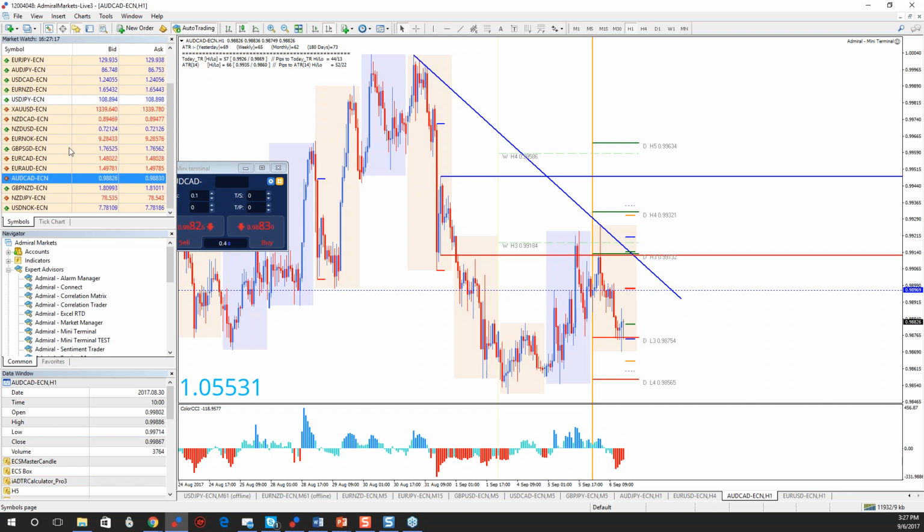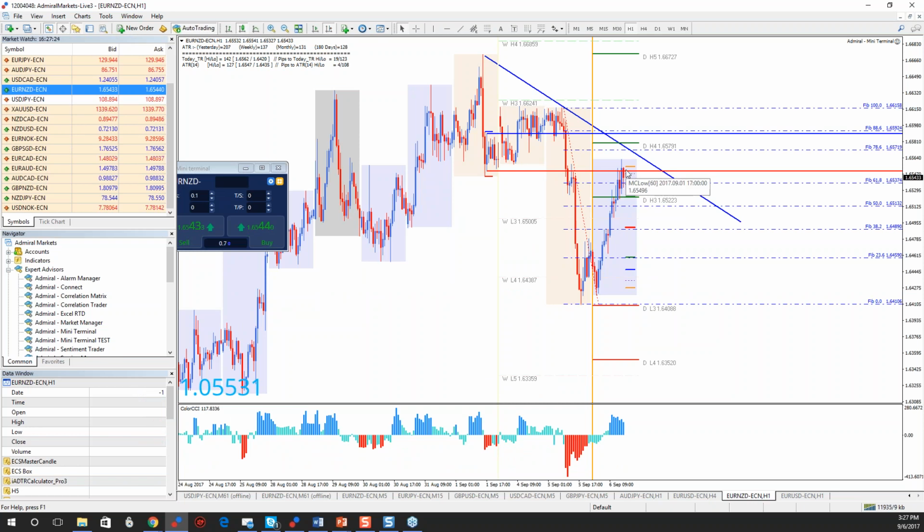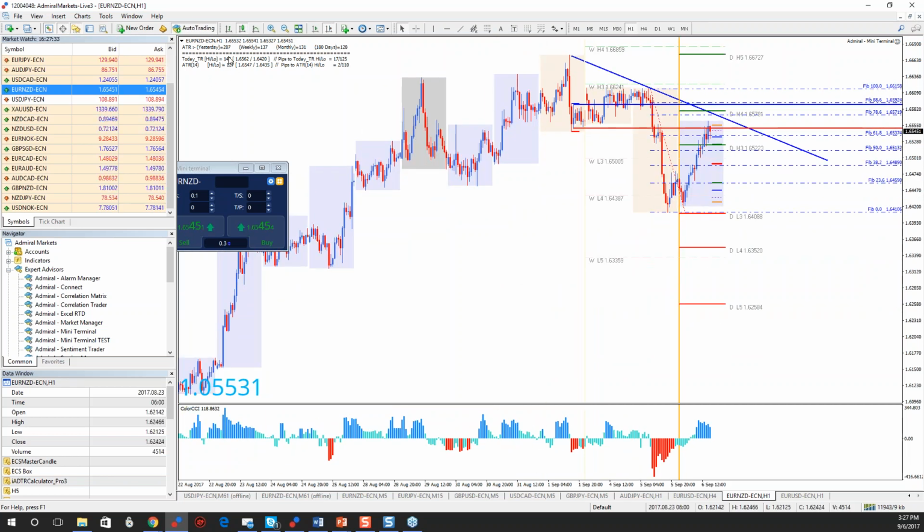Yes, I know Euro New Zealand, but the thing is here, if it makes dark cloud cover, I think it will go down, because you see there was a big spike from 61.10 to 65.50, a 150 pip spike, and watch the ATR. The ATR has already been overshot.